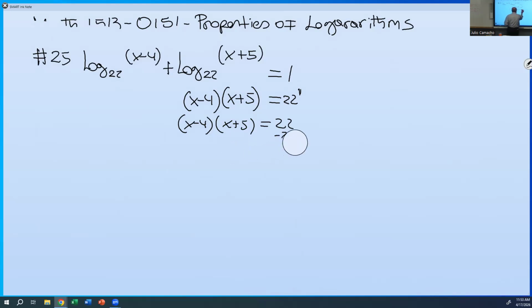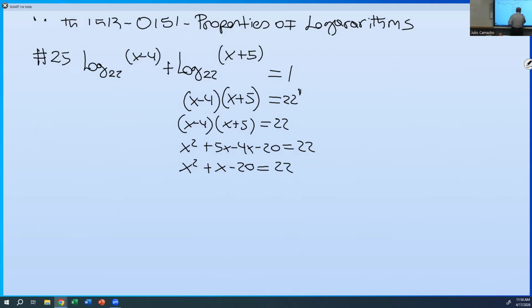So what we do now: first of all, I will FOIL that, and it's x squared, plus 5x, minus 4x, minus 20, equal to 22. Then you simplify like terms, the middle ones are like terms. You have x squared, and plus 5x minus 4x will be plus x only, minus 20 is equal to 22.